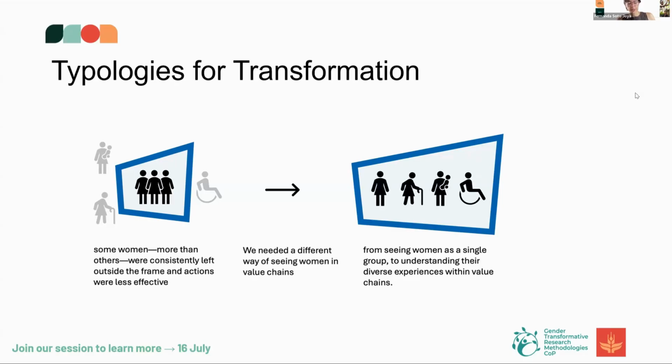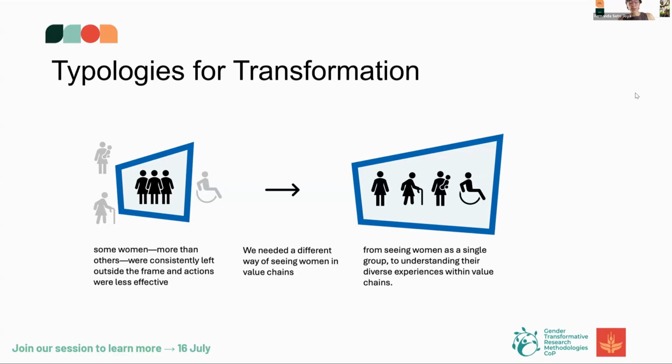So as we started working, what we saw is that companies and other development actors show a strong commitment to gender equality, but they lacked a clear picture of who the women in these value chains were. And so, as a result, that led to interventions that were too broad and based on assumptions.